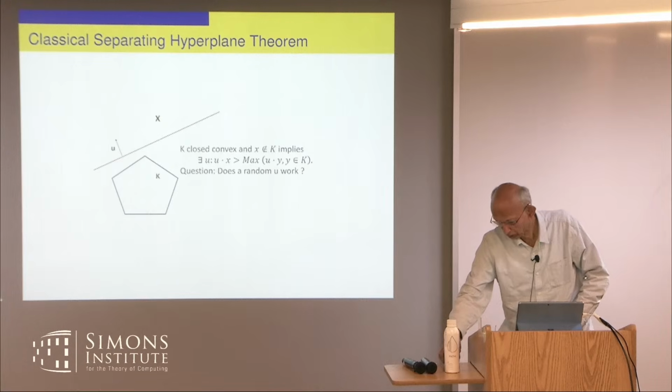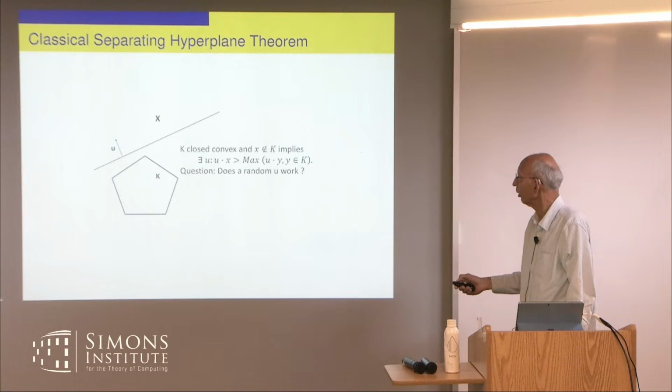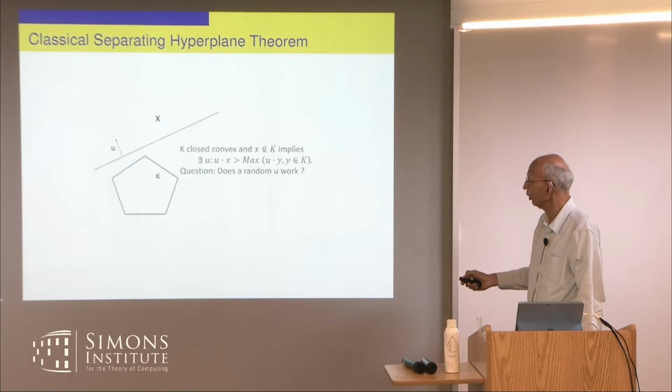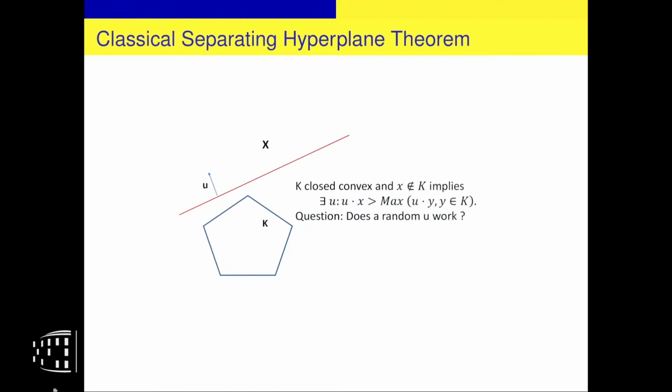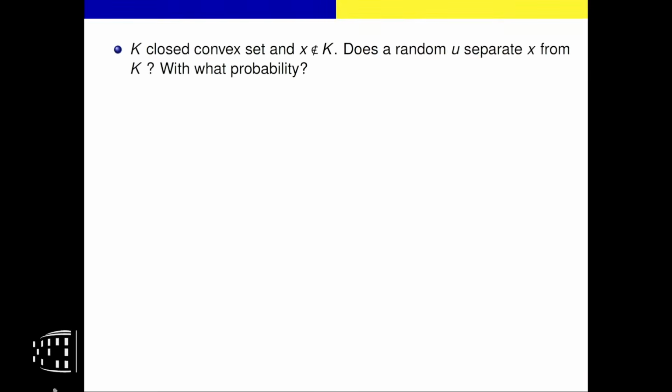So you know the separating hyperplane theorem. Recall that it says that if I have a closed convex set, a polytope is a closed convex set, and a point x not in the set, there's a vector u that separates them, that puts x on one side and the entire polytope on the other side. So u dot x is greater than the maximum of u dot y, y belonging to K. Okay, so we asked the question, and I won't necessarily connect with the previous stuff, but it connected.